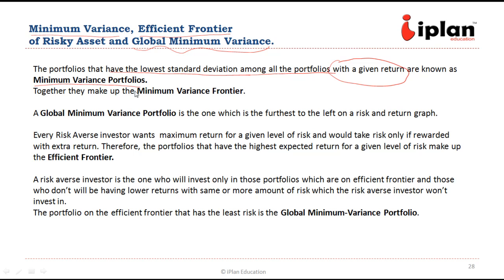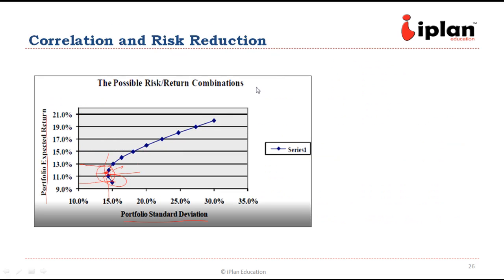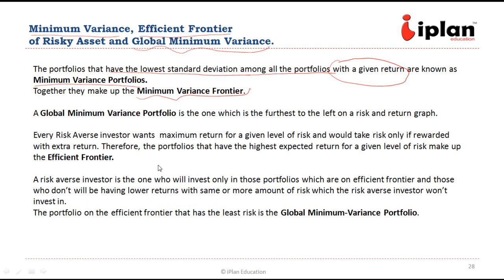For example, in the graph, this blue line is the minimum variance frontier. And the global minimum variance portfolio is the one which is on the leftmost of the risk and return graph, like this point which we talked about.